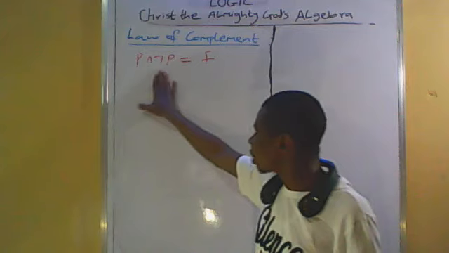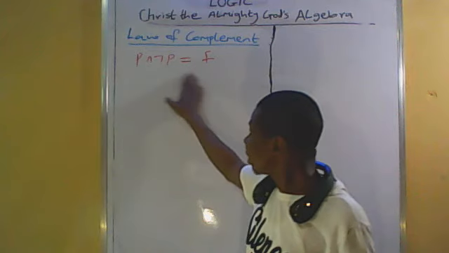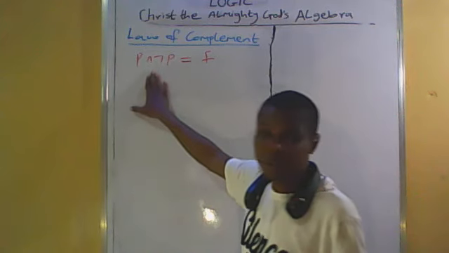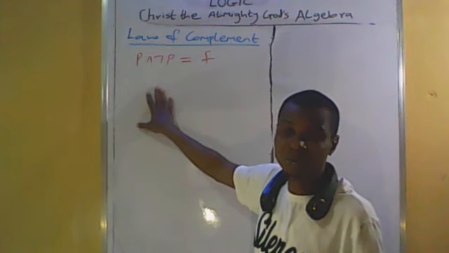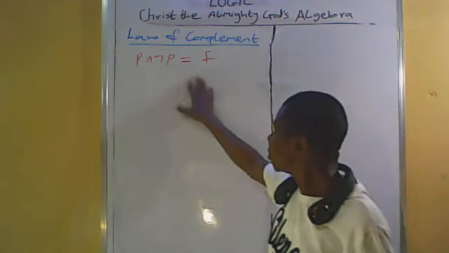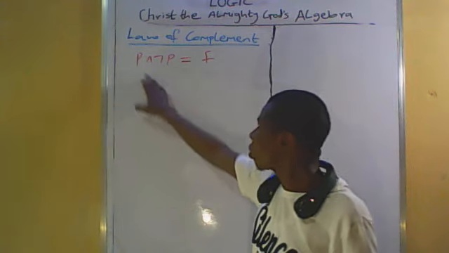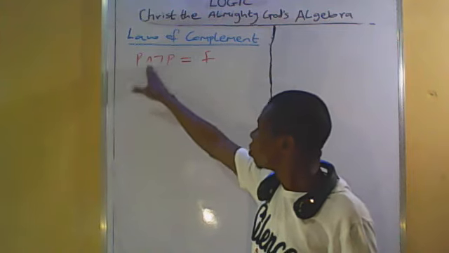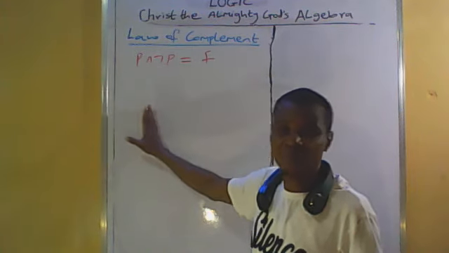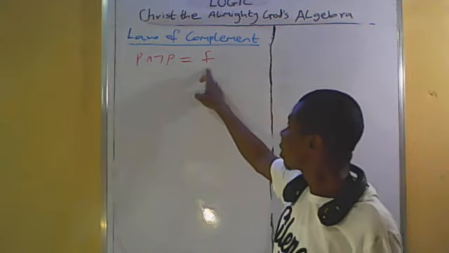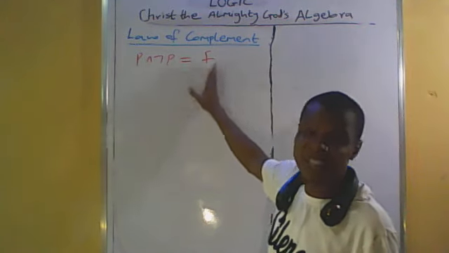But in this case, there is no variation, there is no variable truth value in this equation, because P and not P, when you evaluate it, will give us the constant F. The same thing here, F remains F as a constant.